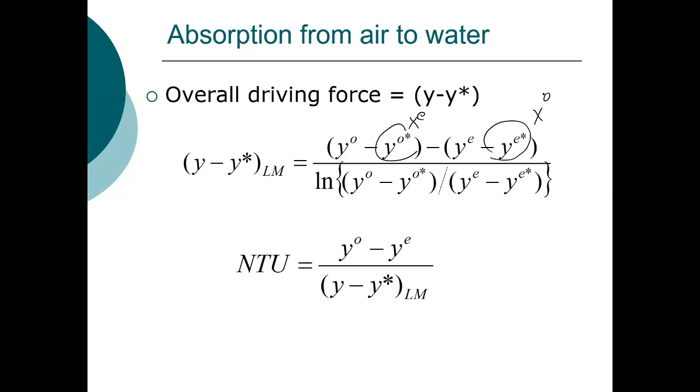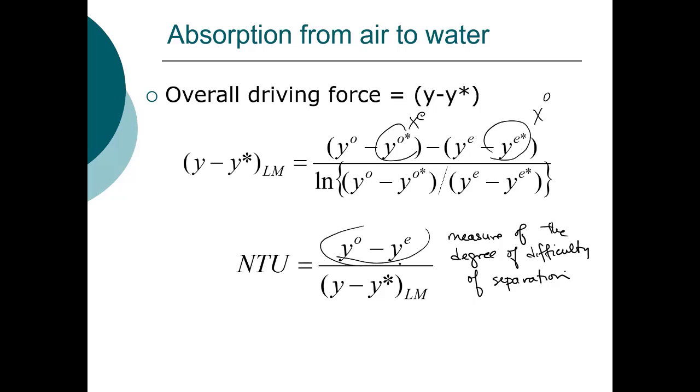And then we talked about the number of transfer units last week. We used the same terminology. So your number of transfer units is a measure of the degree of difficulty of the separation, and notice it's to achieve a certain level of removal.